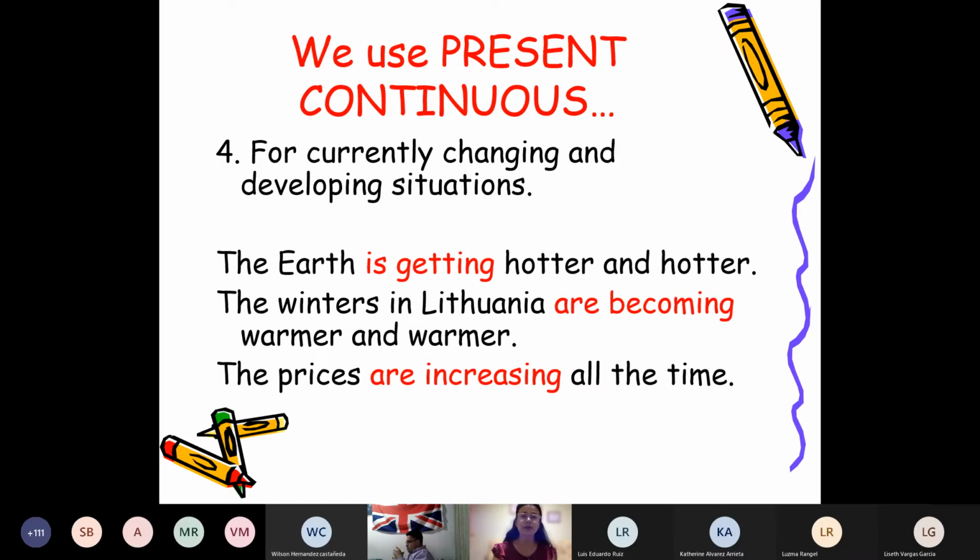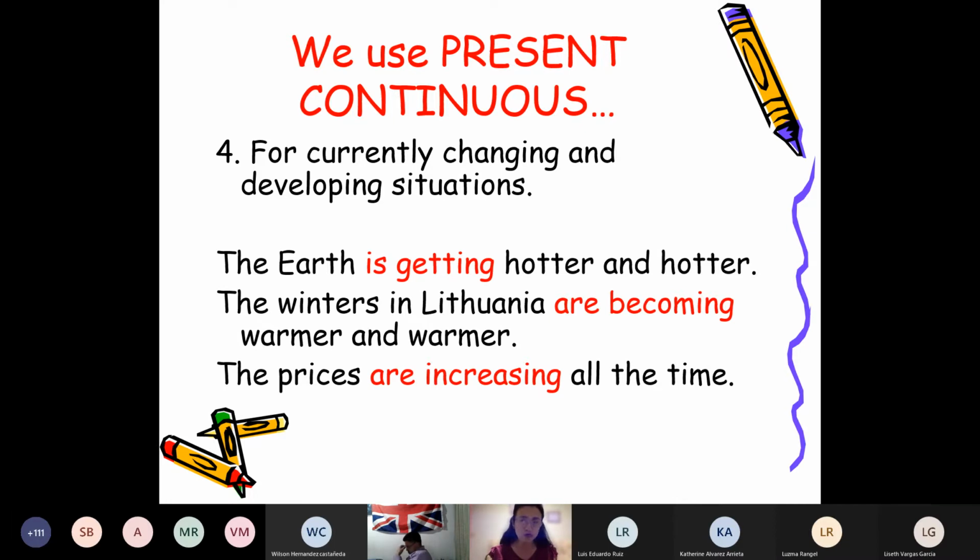And also the present continuous is used for currently changing and developing situations. The earth is getting hotter and hotter. The winters in Lithuania are becoming warmer and warmer, and the prices are increasing all the time. So those are developing situations.